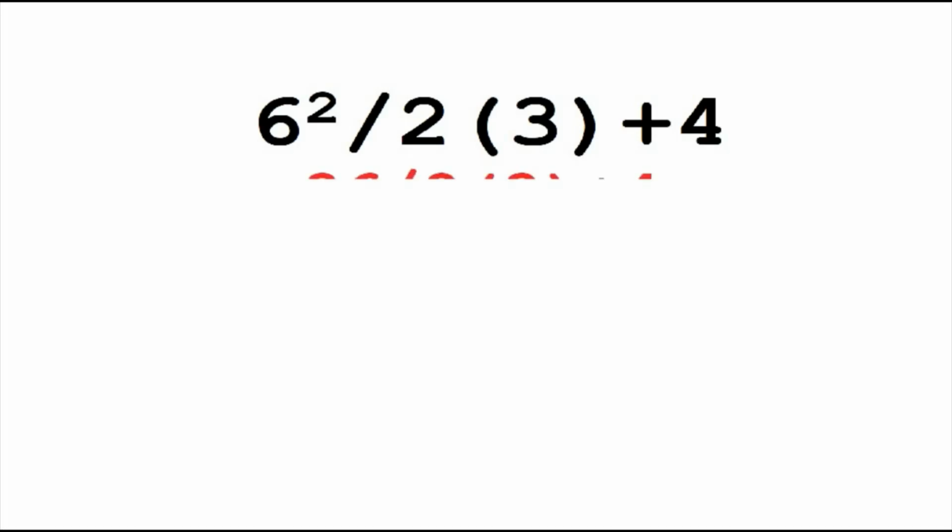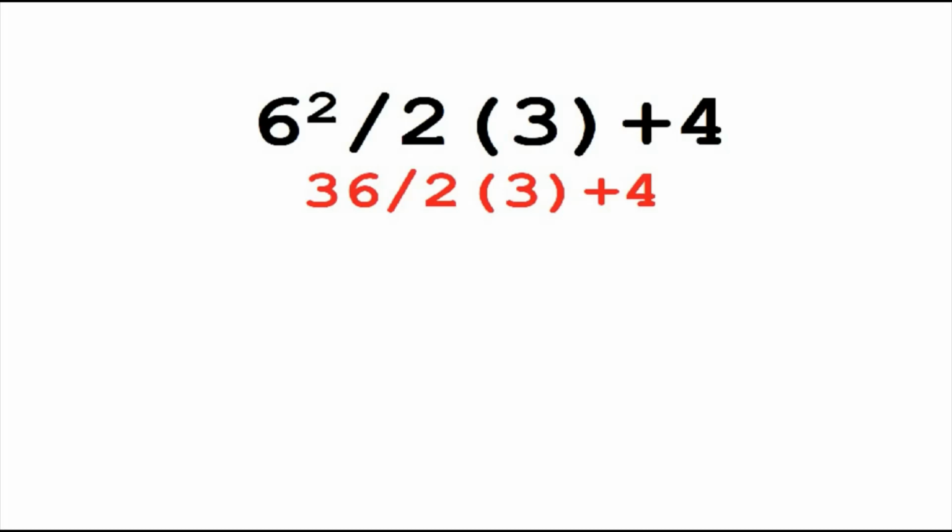On to the next problem. 6 raised to the power 2 divided by 2(3+4). First we check the brackets. There are no operations in the brackets, so we'll leave it be. Now we perform the operation of the exponent to 6. 6 raised to the power 2 is 36. Now many people will get confused here and multiply 3 by 2 to get 6 since they see a bracket.